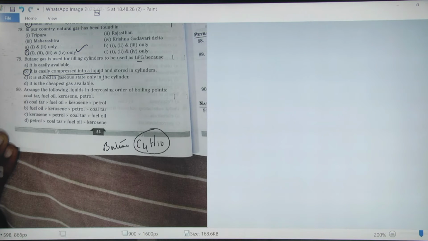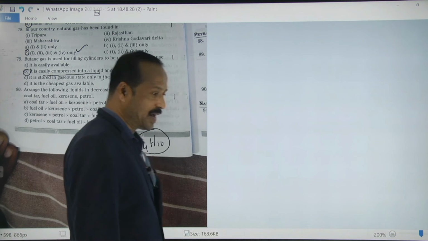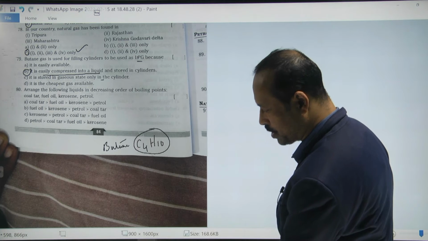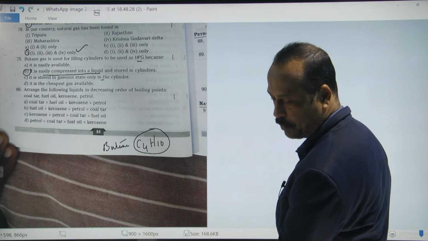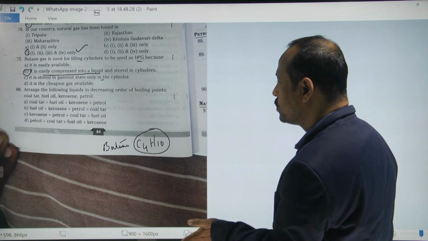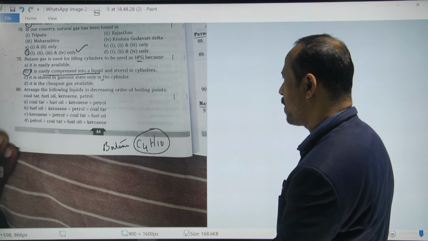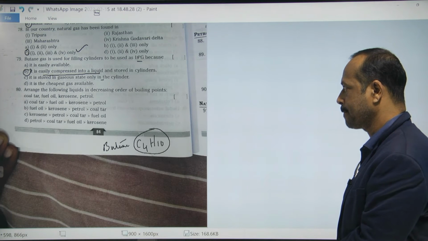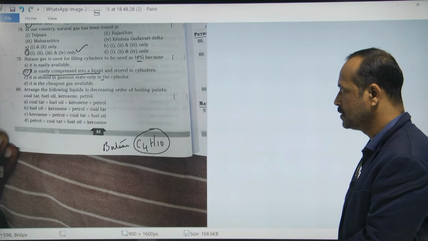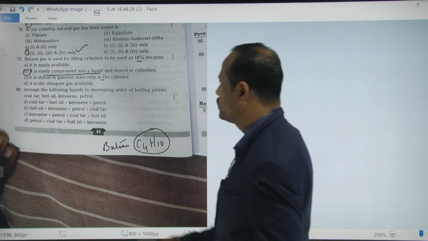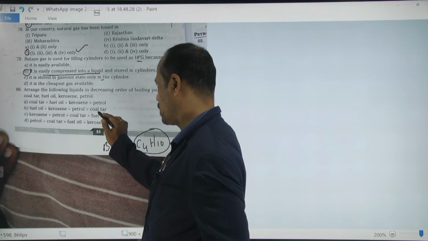Do you remember the table I gave? The screenshots also show fractions of petroleum. Whatever is available at the bottom will have the more boiling point. Whatever is available at the top will have the less boiling point. Fuel oil, kerosene, petrol, coal tar.